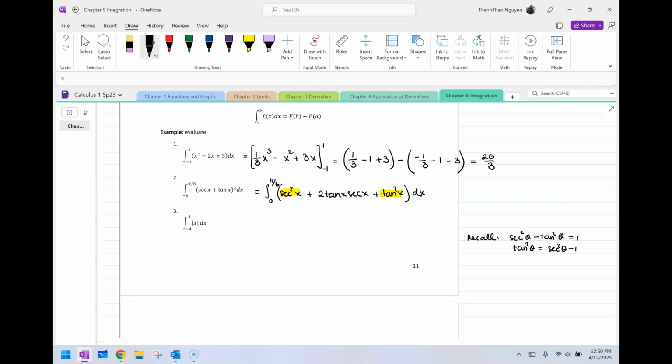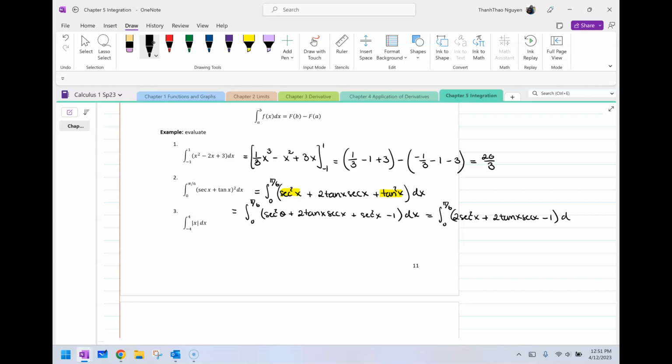So I rewrite this as the integral from 0 to pi over 6 of secant squared of x plus 2 tangent x secant x plus secant squared of x minus 1 dx. Let's simplify this a little more by combining like terms: the integral from 0 to pi over 6 of 2 secant squared of x plus 2 tangent x secant x minus 1 dx.